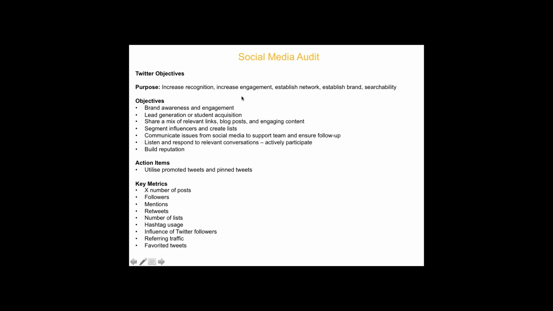Again, just to mention that you won't always be able to reach a specific number of followers, mentions, or retweets, because it's never really guaranteed on a platform such as Twitter. You cannot guarantee that you will have 10 followers a day or have 10 retweets on a day, but it's also still good to set that target for yourself.